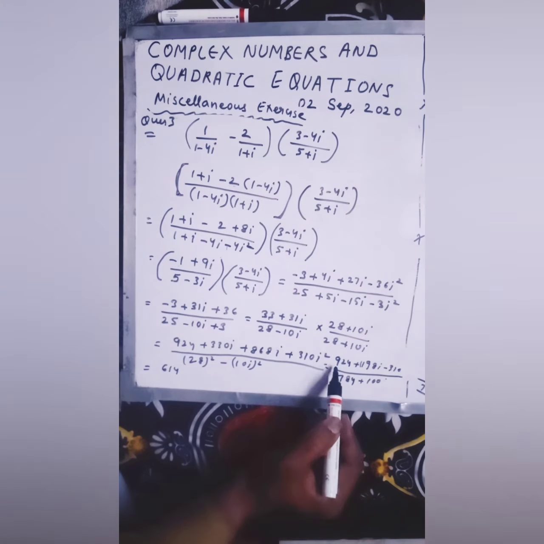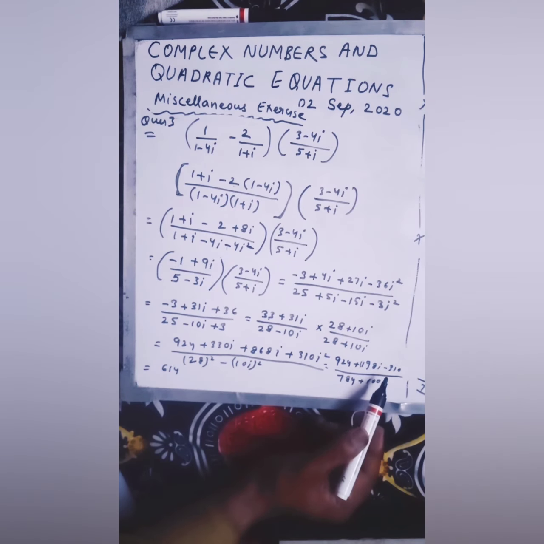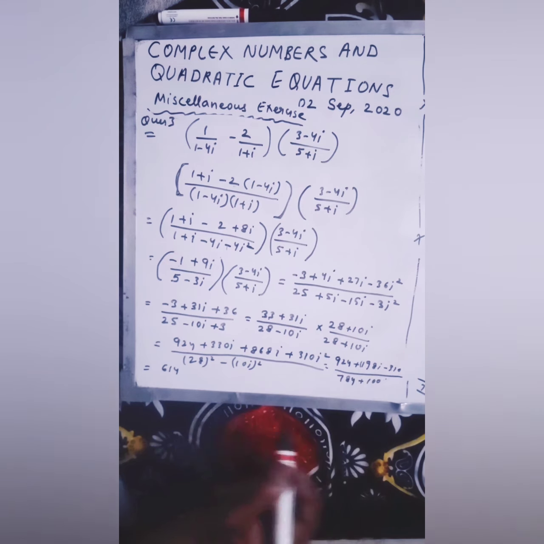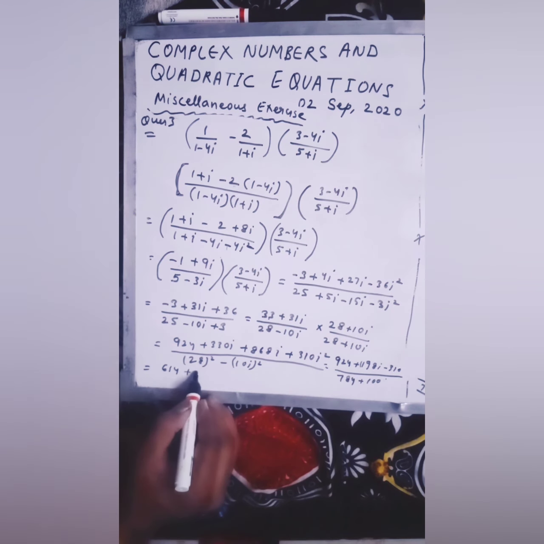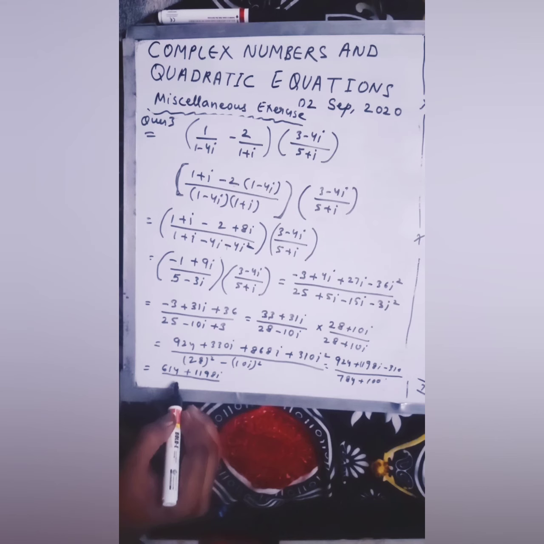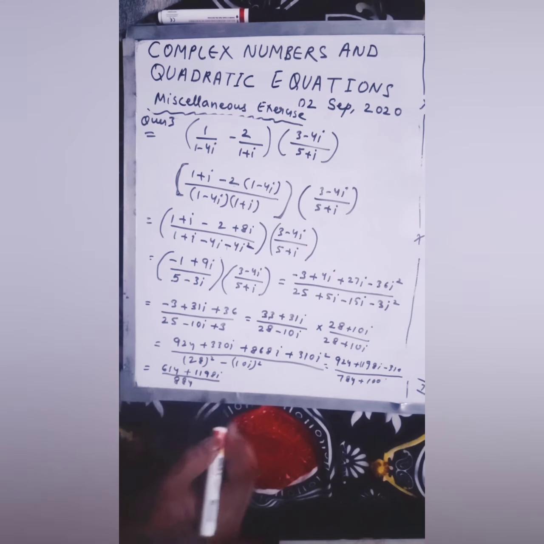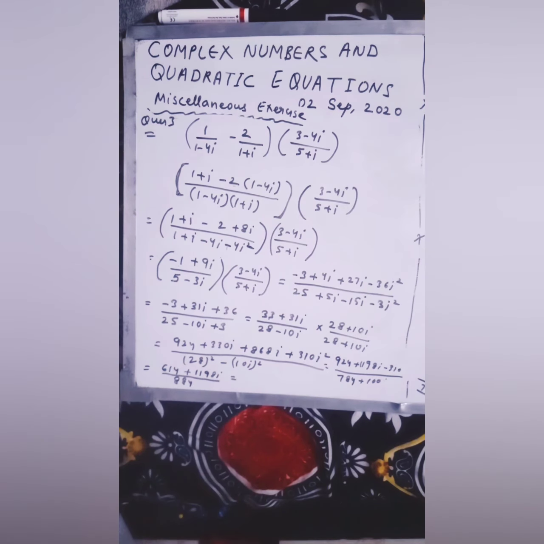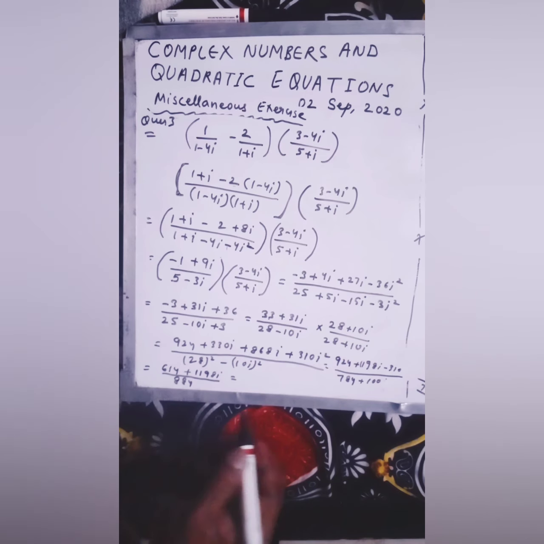Okay, let me check one more time. Yes, plus 1198 iota over 884. Now you can take 2 as common from the numerator and denominator.